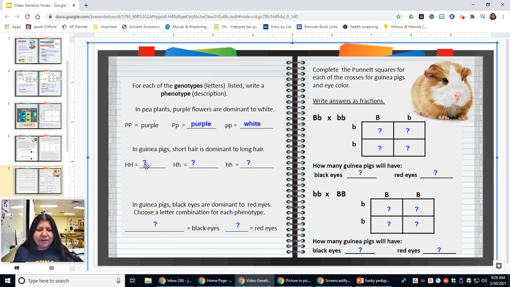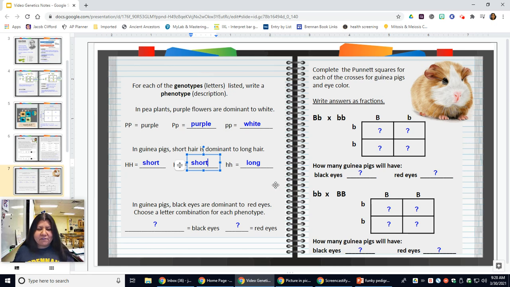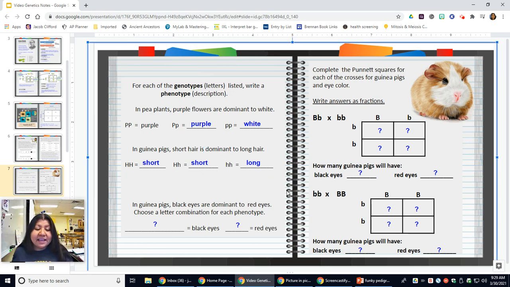In guinea pigs, short hair is dominant to long hair. Oh wait, I did this wrong. Short hair is dominant, not long hair. So that means that big H, and big H, little h are short hair. Good job if you got that.